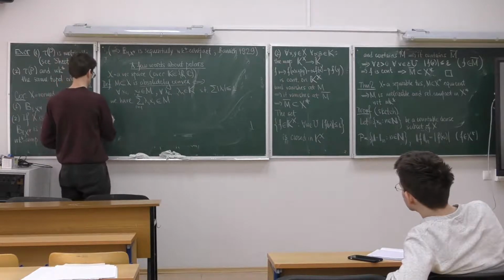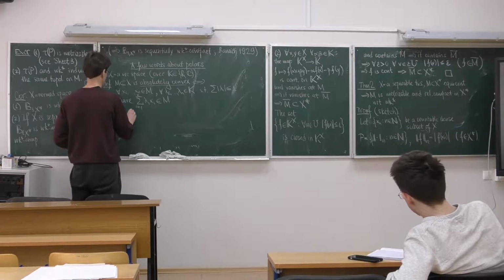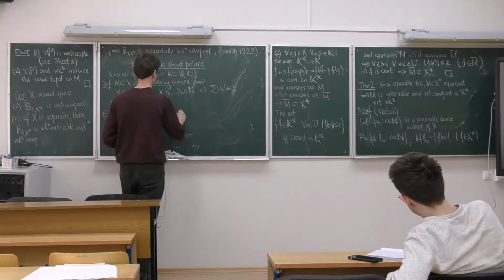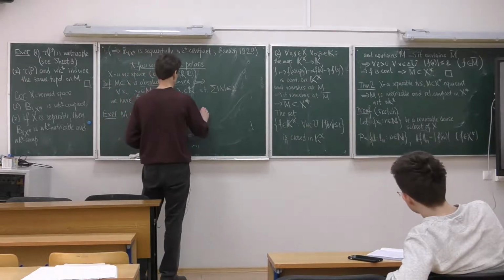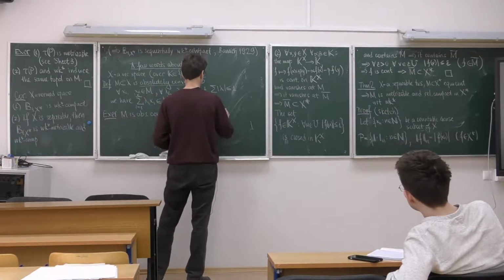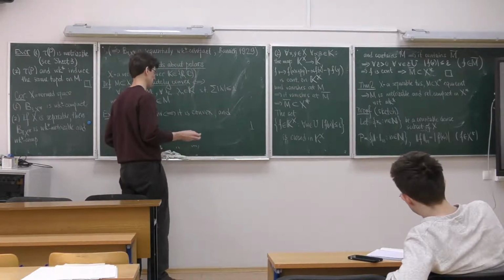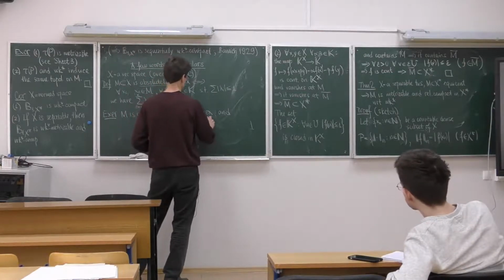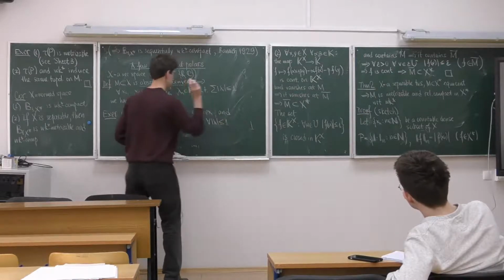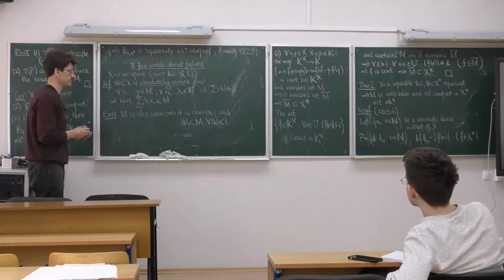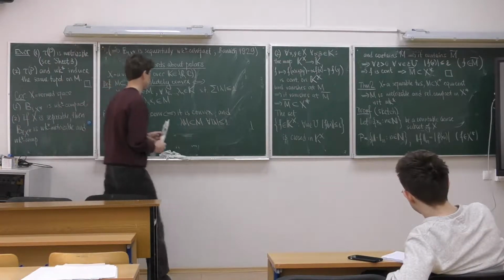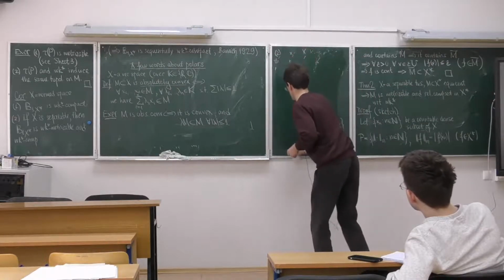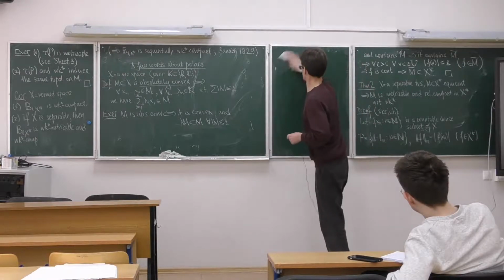It's a simple exercise to show that M is absolutely convex if and only if it is convex and is stable under multiplication by numbers of modulus less than or equal to 1. So we have the following conclusion whenever the absolute value of lambda is less than or equal to 1. We can define the so-called absolutely convex hull of M as follows.